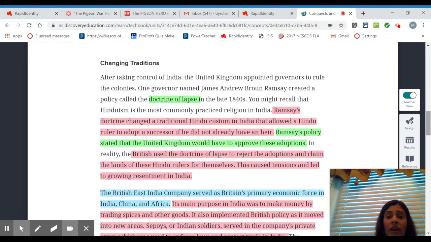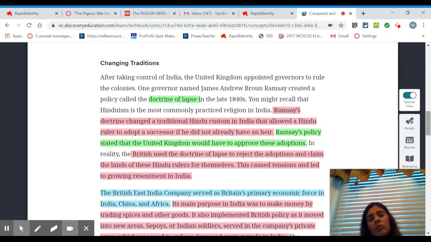So focusing on a particular governor, James Andrew Brown Ramsay, he developed this policy called the Doctrine of Lapse, which said that a traditional Hindu custom in India was now going to change, in the fact that these Hindus would adopt a successor to be in charge of the particular area if there was not already an heir.